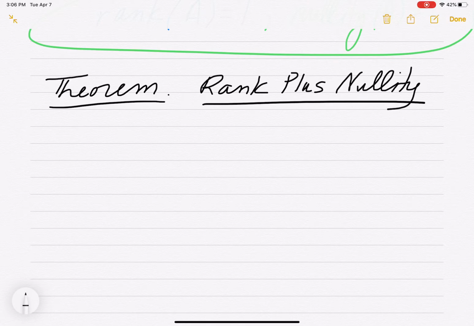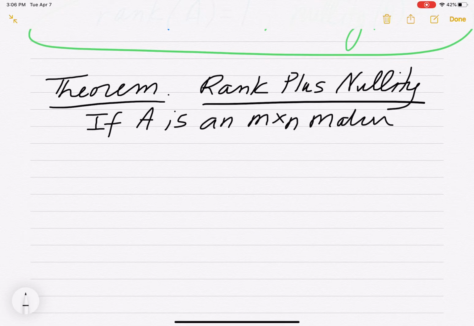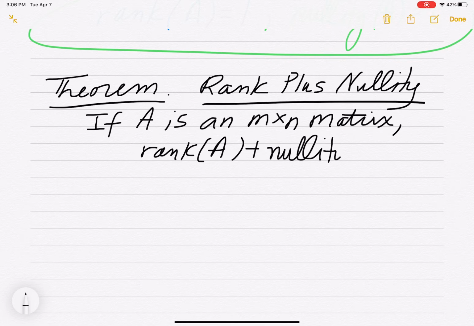So let's say you have an m by n matrix. If A is an m by n matrix, then the rank of A plus the nullity of A has to add up to n. Think about that for a second.